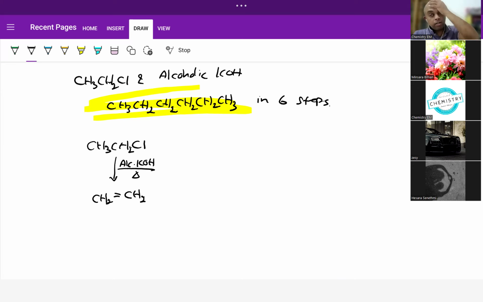So if you have to use only CH3CH2Cl, it has to be added 2 times. If you are starting from CH3CH2Cl, and you add CH3CH2Cl or any other component derived from CH3CH2Cl, it has to be added 2 times to the initial component.